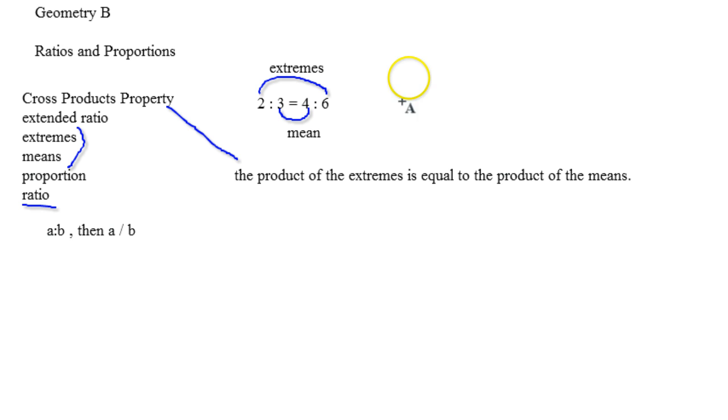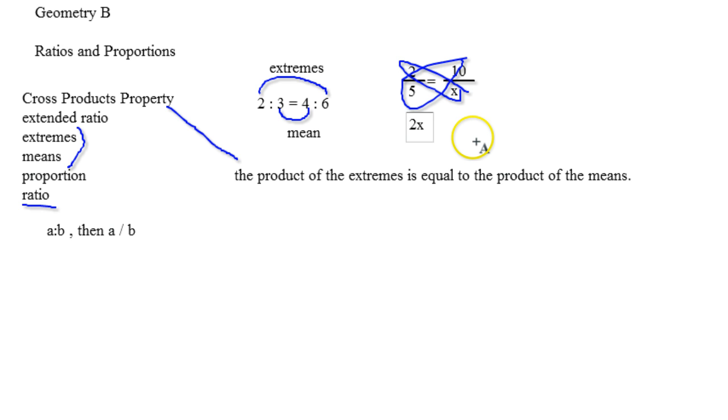Now some of you guys are probably going, what exactly does that mean, Mr. Devaney? Well, if you have something like 2 over 5, and that is equal to, let's say, 10 over x, and we had to find out what x was, it basically says if we have two fractions equal to each other, we can use something called the cross product theorem, which is basically we cross multiply and then we treat it like a regular equation.